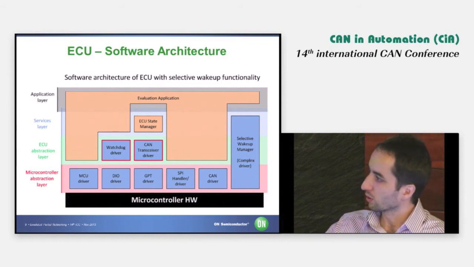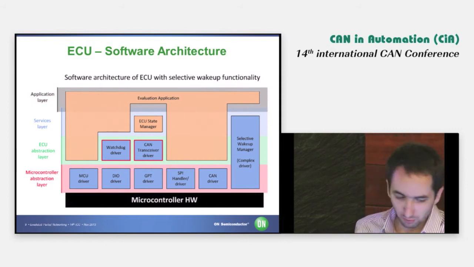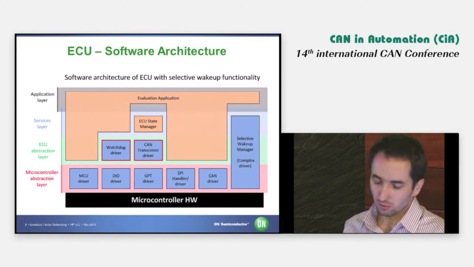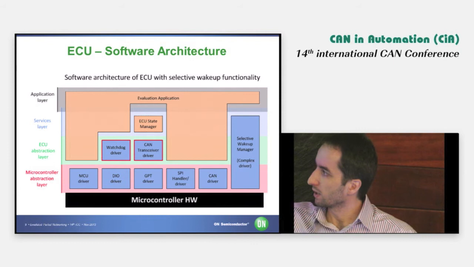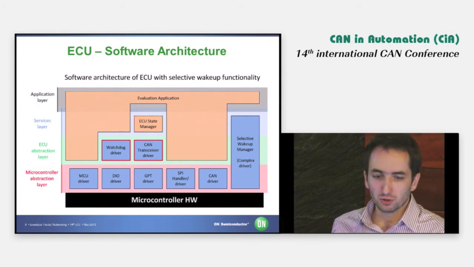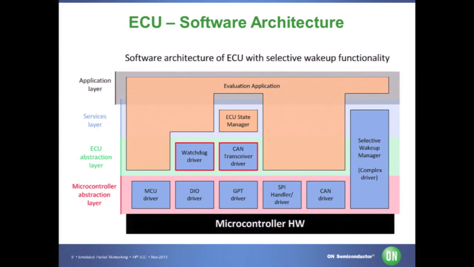So we have several blocks which are really based on AUTOSAR requirements, especially those in the microcontroller abstraction layers. And then the main block is the selective wake-up manager, which takes care of all the selective wake-up functionality. And that's, as I said, the main block.